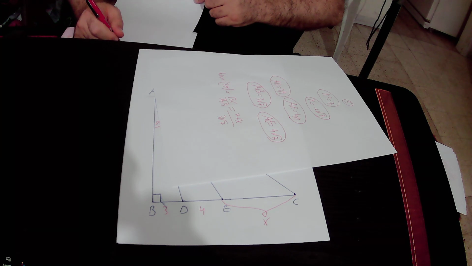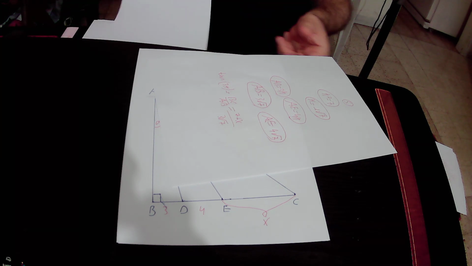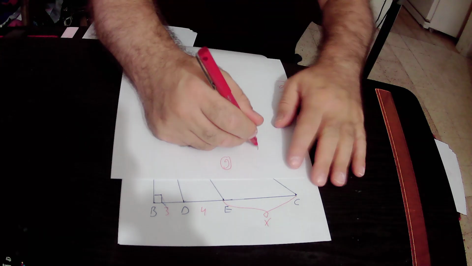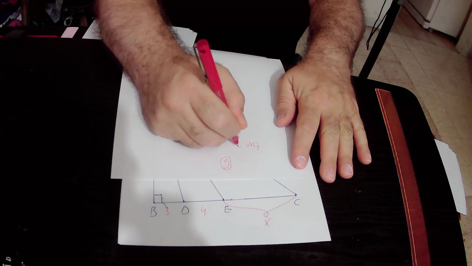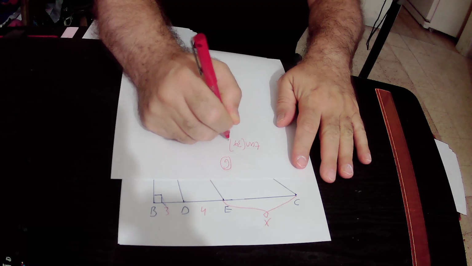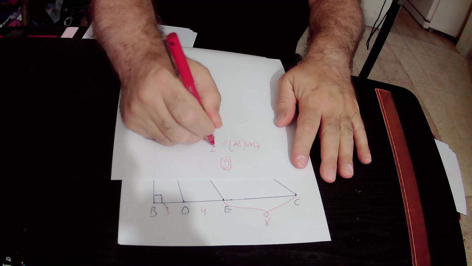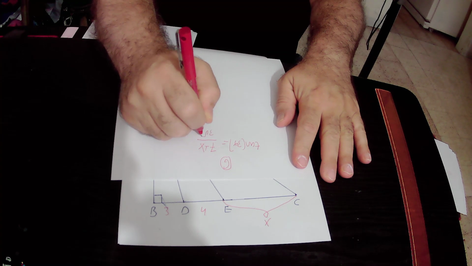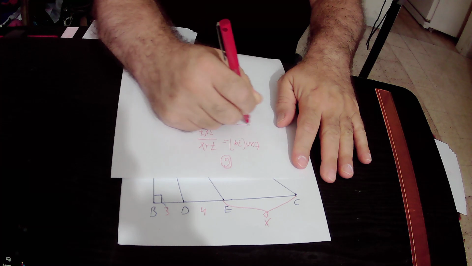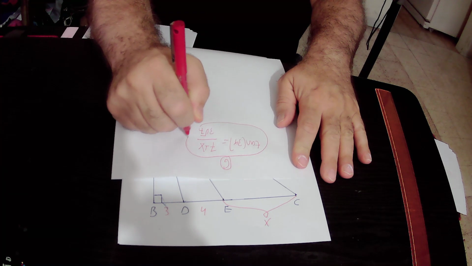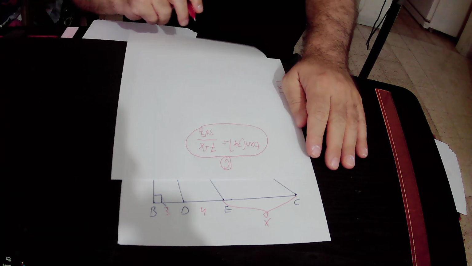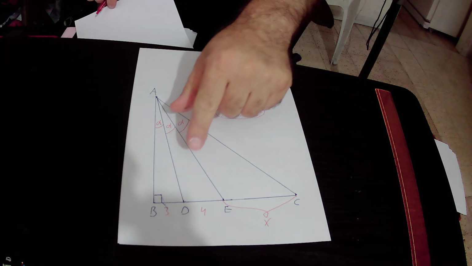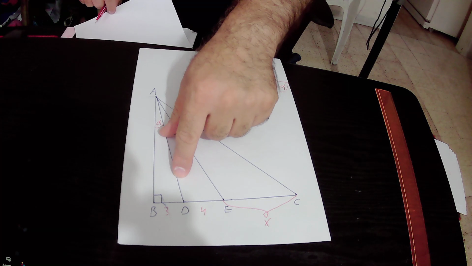So I will write it down. Here we can write that tangent 3 alpha equals 7 plus x over 3 times root 7. Okay, in the next step we will focus on the right triangle, triangle ABE.